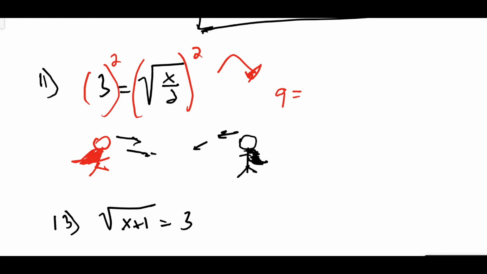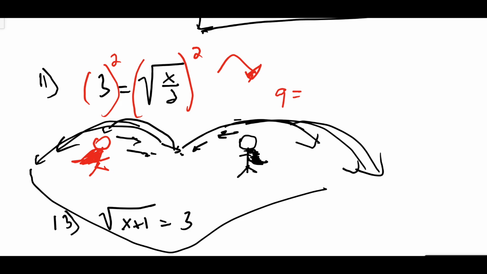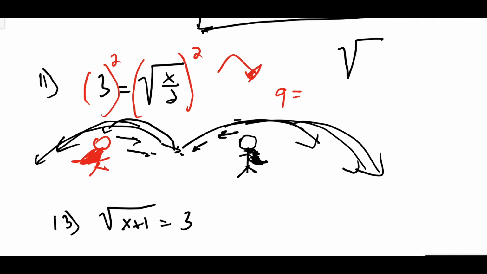They're both very strong, and they crash, boom, shock waves, and then this guy goes this way and this guy goes this way, and at the end of the day, nothing is accomplished. So when you have this guy up against this guy, shockwave. Nothing is accomplished, and you just end up with hearts.